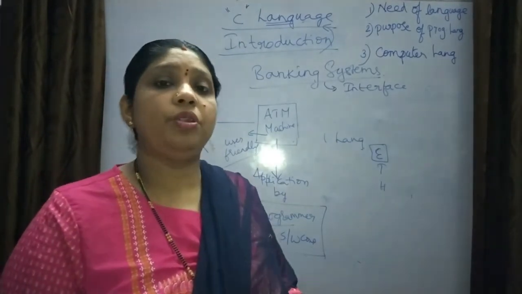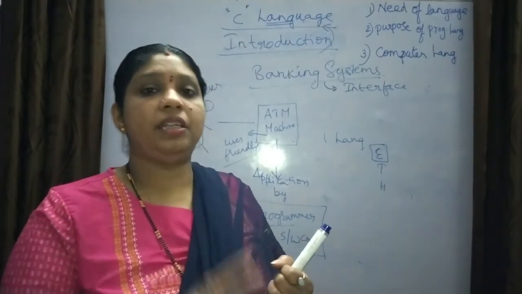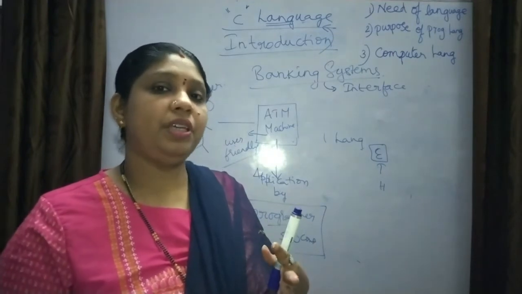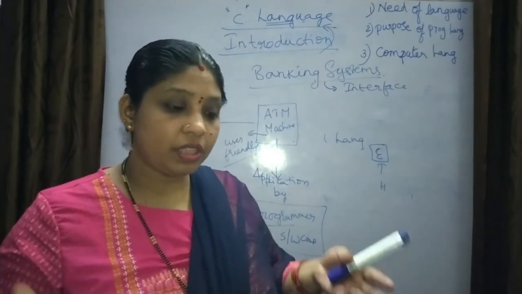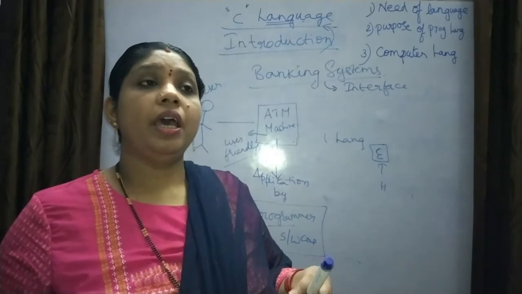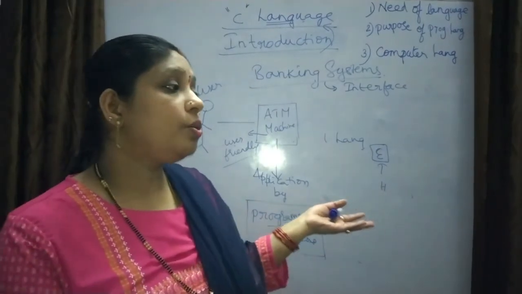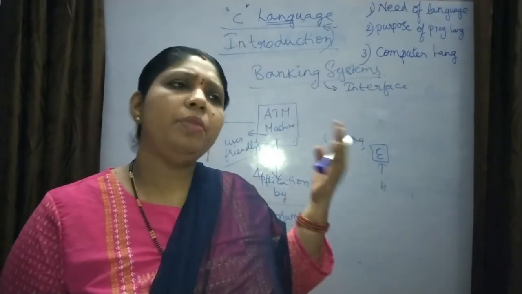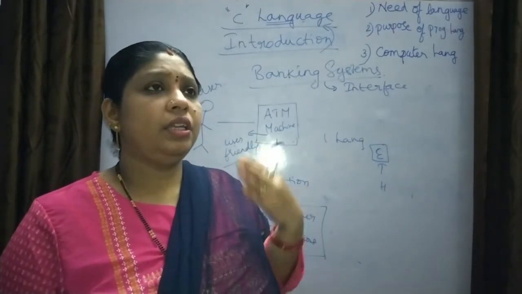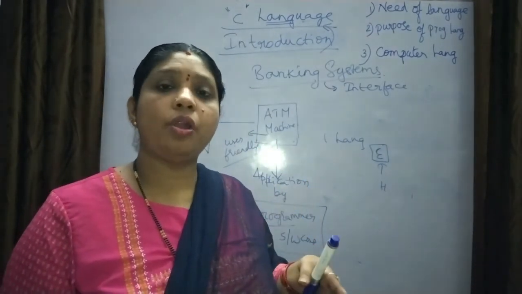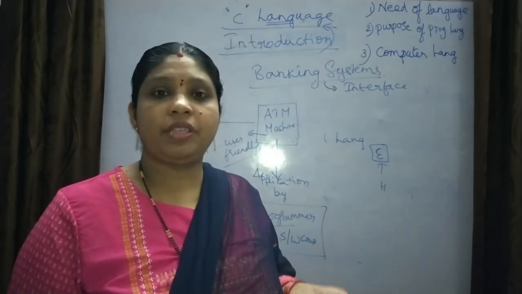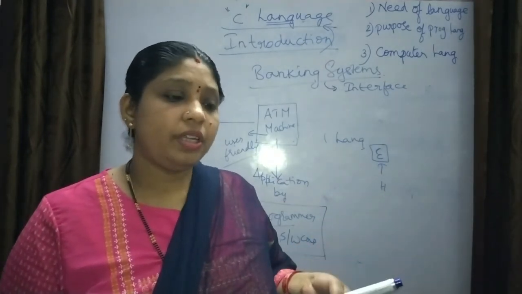But how about the bank? If you visit the bank, it takes time. So what is happening here? In real time, this C language is helping us in many ways. Not only banking, not only insurance companies, but also courts and the railway system. In all these things, what is happening?